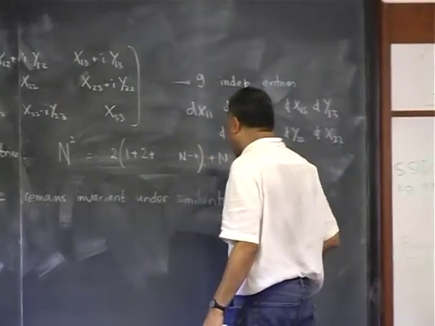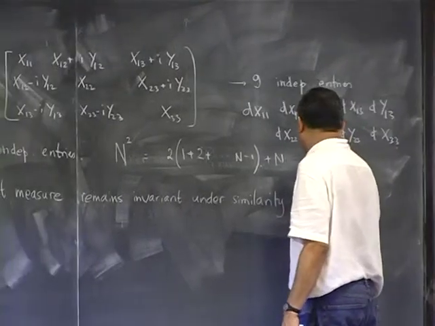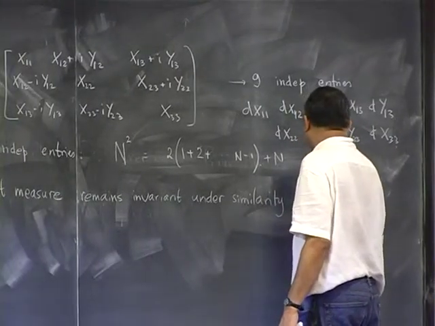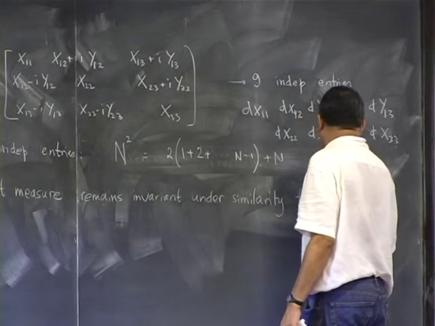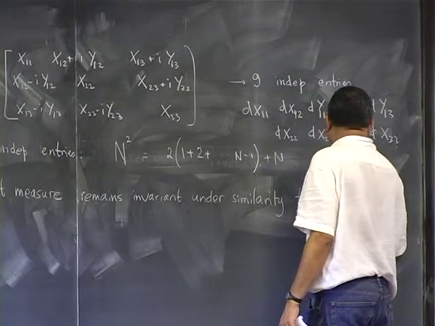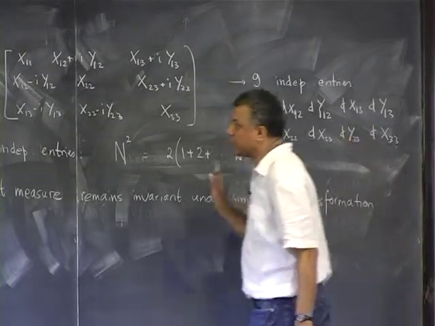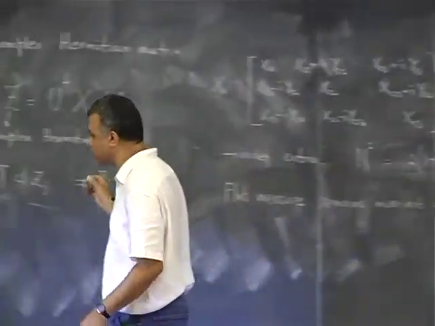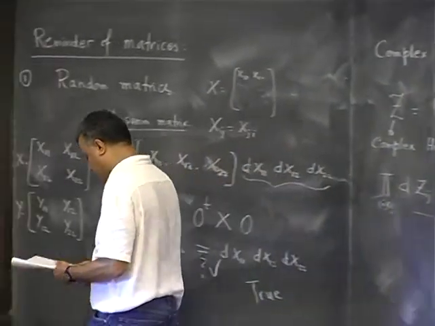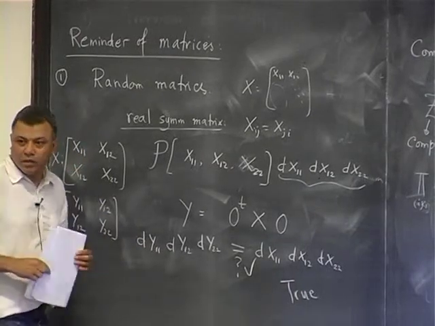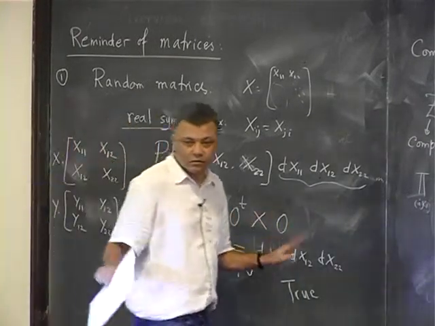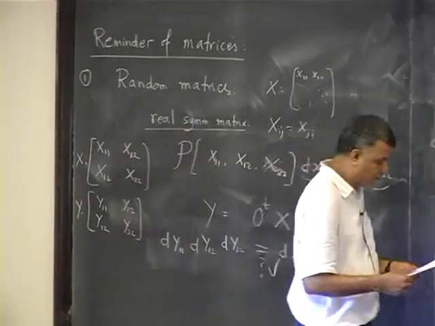Similarly, you can do it for quaternion matrices. This is not an obvious statement, but it is something you can prove. Flat measure means p is 1. Possible choices.